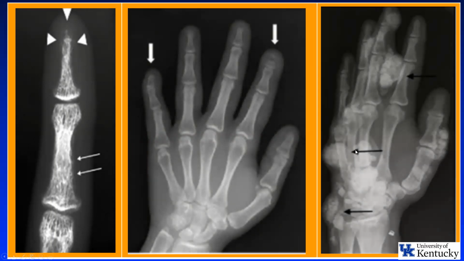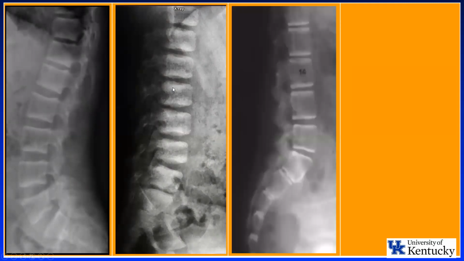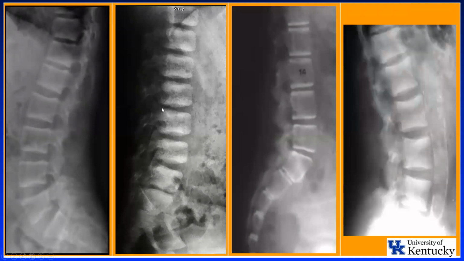And here is the subperiosteal bone resorption. In the spine, there is a very typical sign. You can see this called Rugger-Jersey sign. When you see there is sclerosis in the endplate of the vertebrae, and here you can see the osteopenia or loss of bone or translucent area.